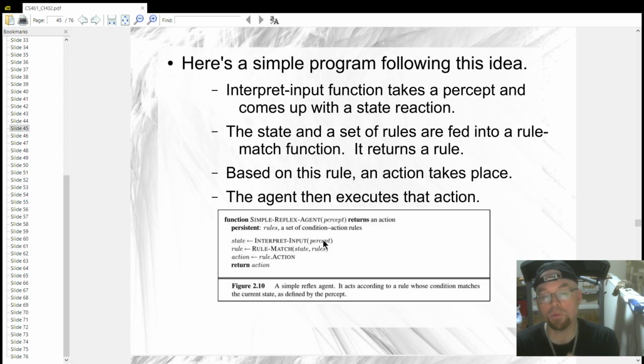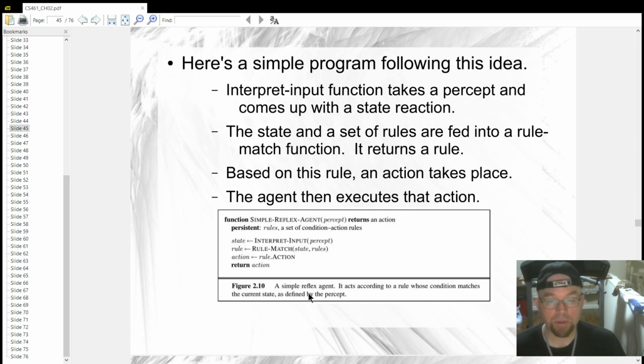So what this is showing us is that, in general, there's some set of condition action rules. The agent has to interpret the percept that it's given to identify what state of the environment it finds itself in, and then you have to figure out which rule matches that state, so then you can retrieve the action that the agent needs to take, and then you can return that action, right?